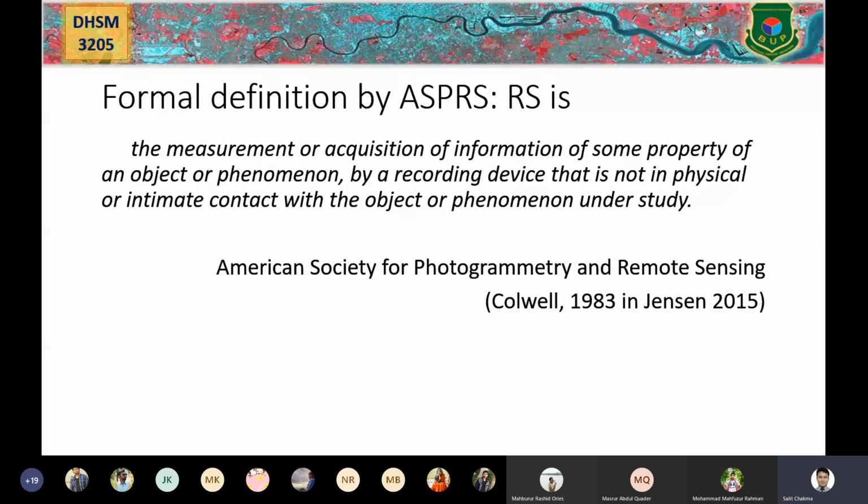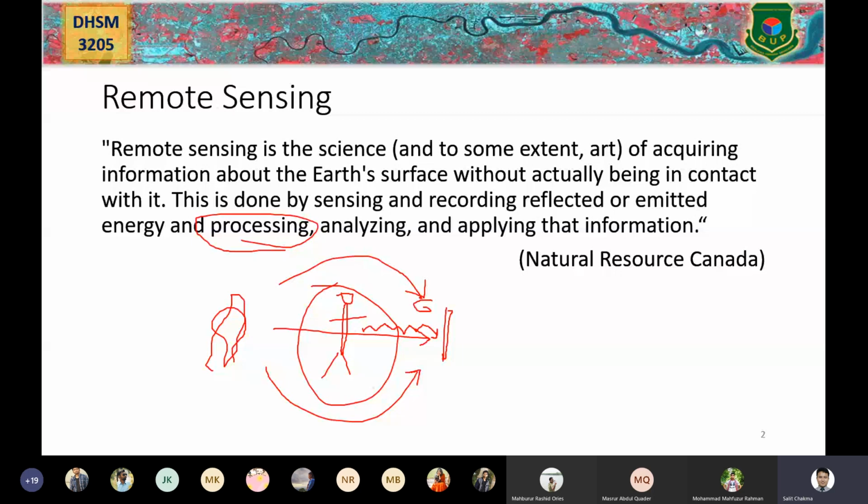And the formal definition was given by ASPRS, and it says that remote sensing is the measurement or acquisition of information of some property of an object or phenomenon by a recording device that is not in physical or intimate contact with the object or phenomenon under study. So previous examples were mostly focused on the remote sensing that we know, the traditional or conventional remote sensing that we talk about in our study.